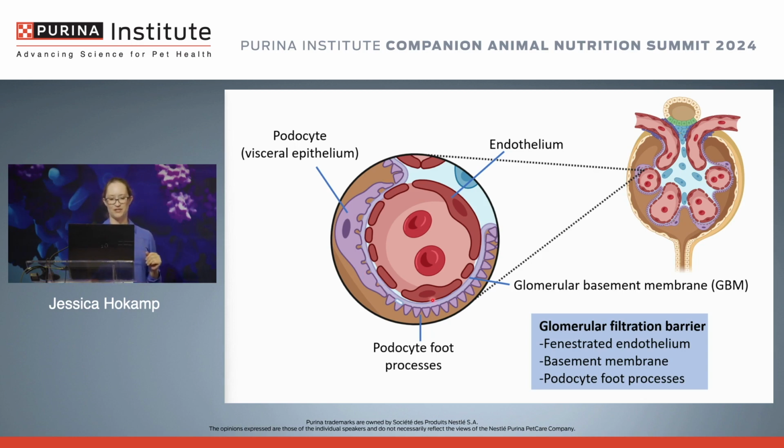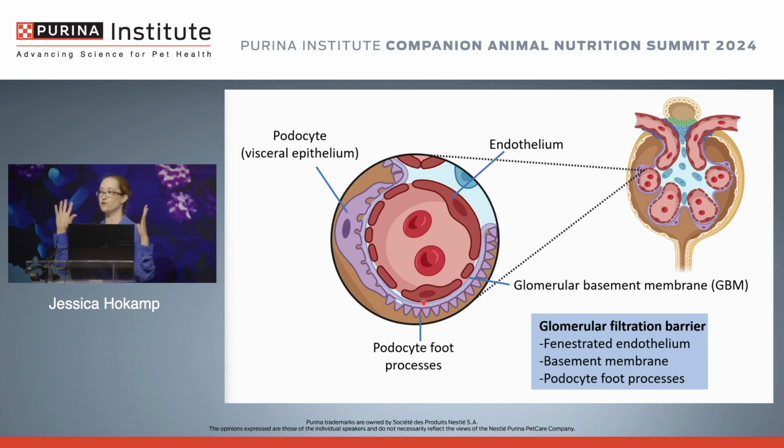And we have all of these podocyte foot processes that surround our basement membrane, the glomerular basement membrane, which the collagen and components of the basement membrane are predominantly or very heavily produced by the mesangial cells as well as other cells. And then we have our fenestrated endothelium that surrounds our blood space and allows for regulated filtration of proteins, as we heard a little bit about protein regulation in the previous talk.